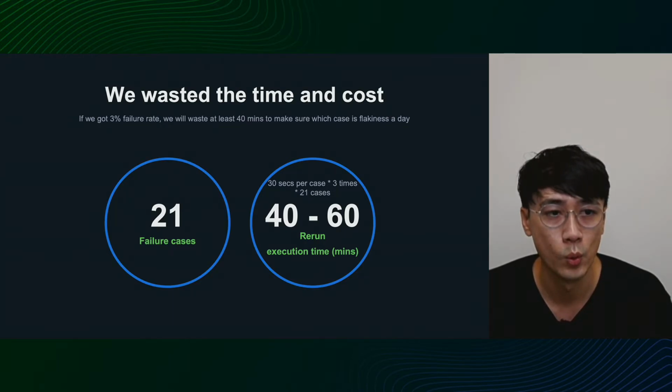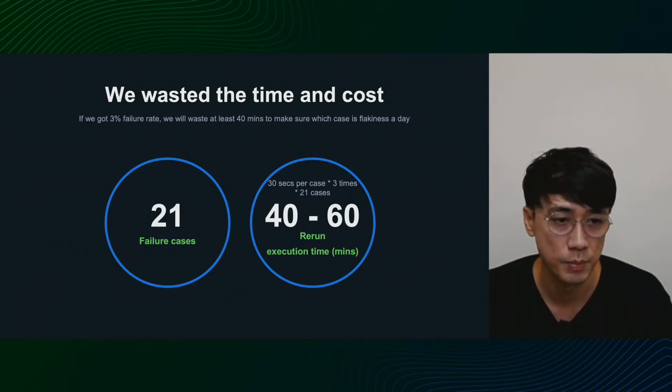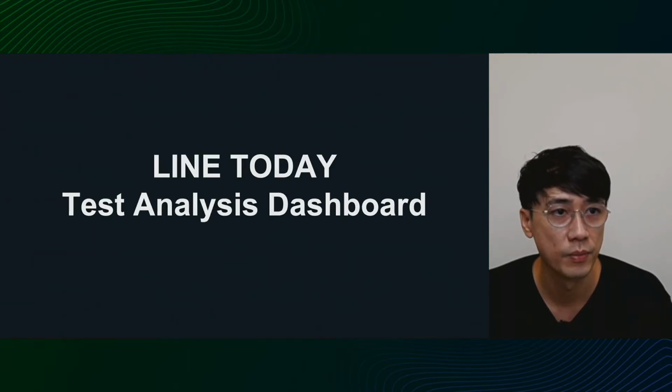So we will waste at least 14 minutes to 16 minutes to double check which case is flaky per day. It means we're going to waste 1 working hour per day, and it means we are going to waste 1 day in the work week.